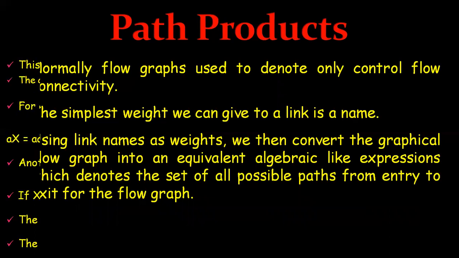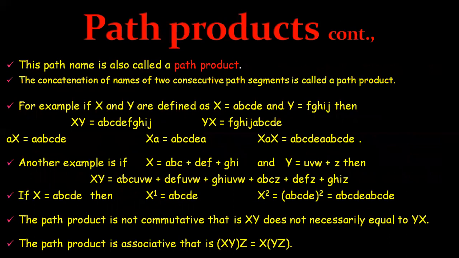Every link of a graph can be given a particular name, and these links are denoted by lowercase italic letters. In tracing a path segment through a flow graph, we traverse a succession of link names.